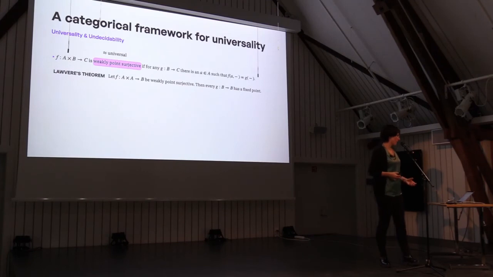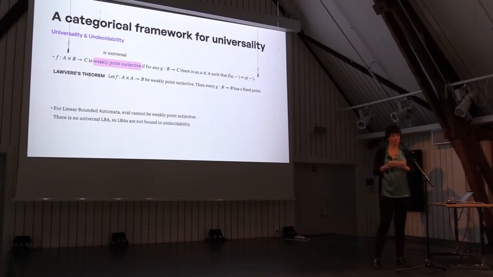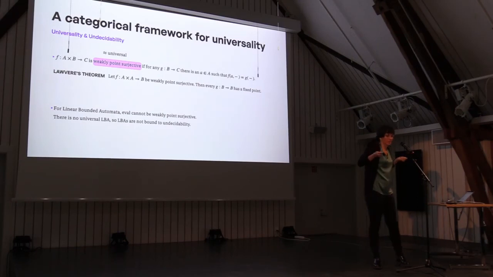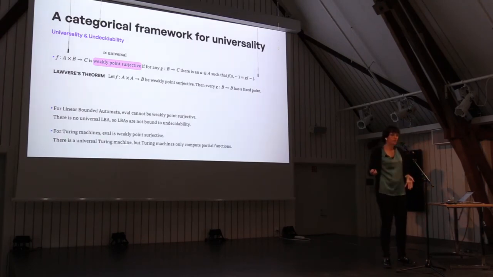And so I think that is what we have to try to understand to make precise the relation between the two. What's interesting is that if you look at linear bounded automata, which I'll get to in a second, which are a weaker form of automata than Turing machines, we showed that eval cannot be weakly point surjective. In other words, there are no universal LBAs, and so they are not subject to undecidability. On the other hand, of course, for Turing machines, eval is weakly point surjective, so there are universal such things.